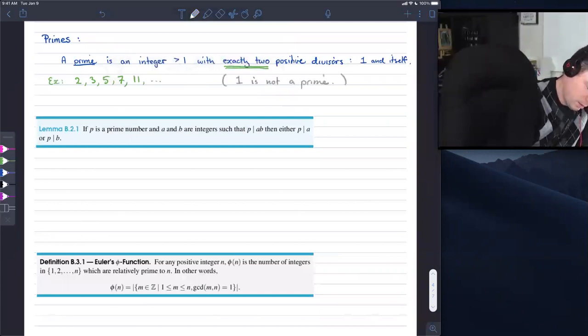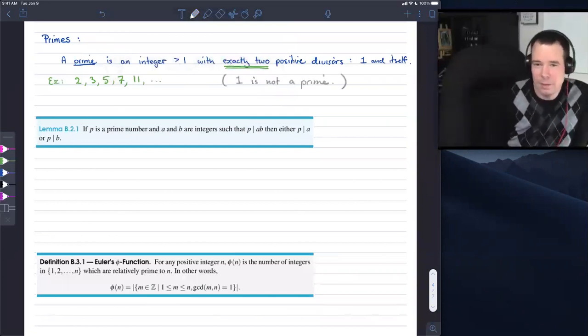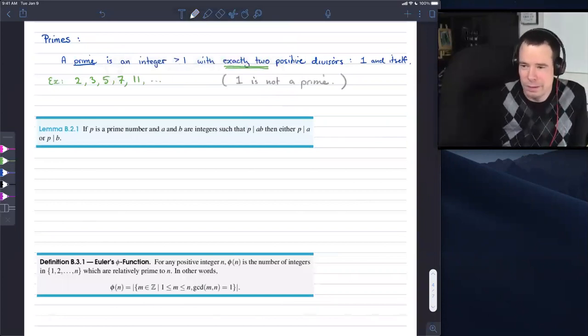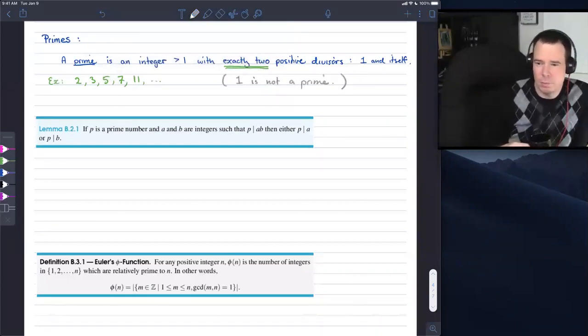Now this is something that is quite often misunderstood. Even my kids can come home from school and a teacher might have said that 1 is a prime number. So it's still something that's sort of prevalent in the elementary school system.